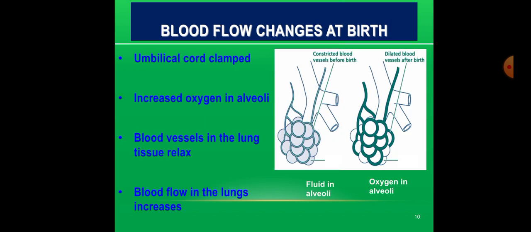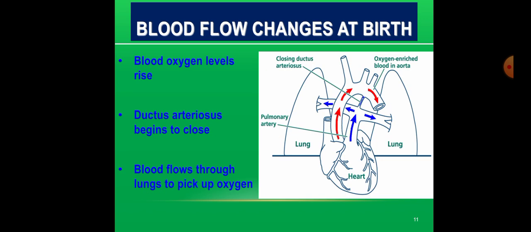Blood flow changes at birth: umbilical cord clamped, increased oxygen in alveoli, blood vessels in the lung tissue relax, blood flow in the lungs increases, blood oxygen levels rise, ductus arteriosus begins to close, blood flows through lungs to pick up oxygen.